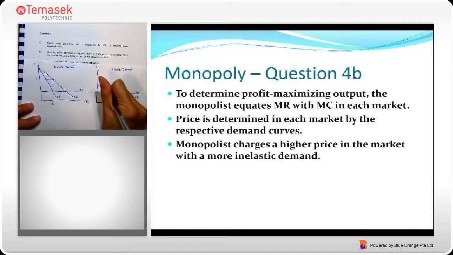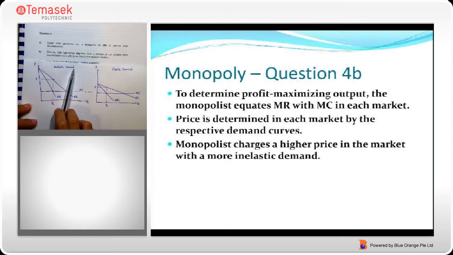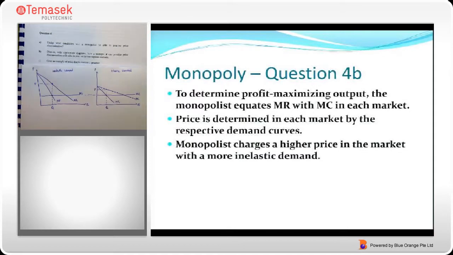Likewise, for the elastic market we do the same. So from this we can come to the conclusion that with inelastic demand our price is higher. With elastic demand our price is lower, and that's why we say that the monopolist charges a higher price in the market with more inelastic demand. So this diagram shows that.